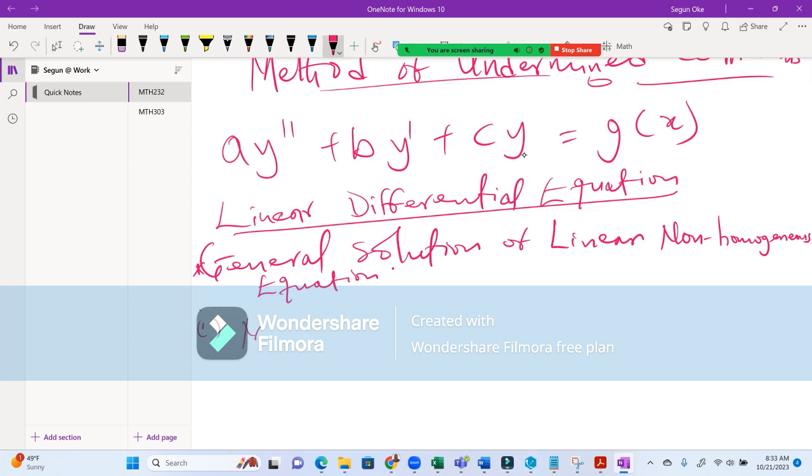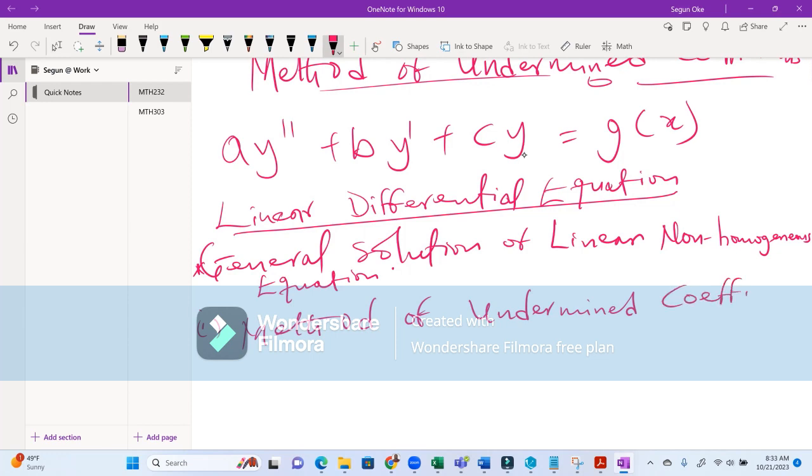Number one is the method of undetermined coefficients that I mentioned the other time. Number two is the method of variation of parameters. Variation of parameters.